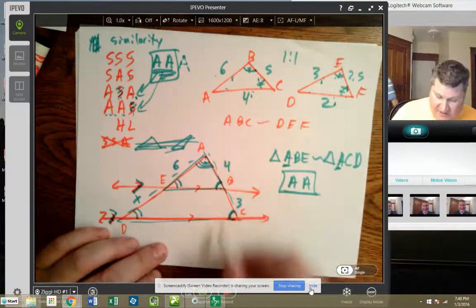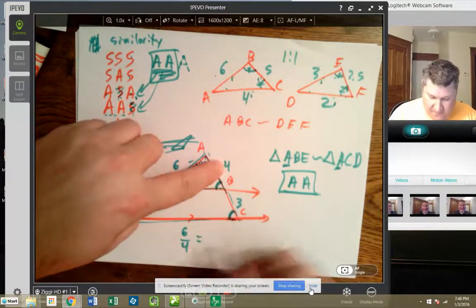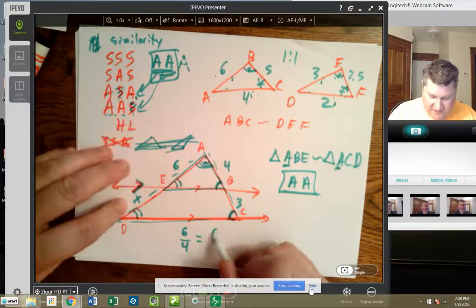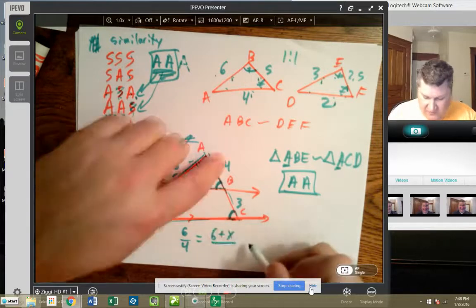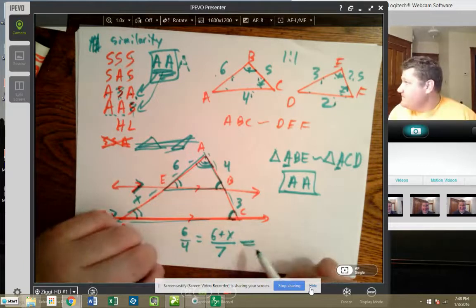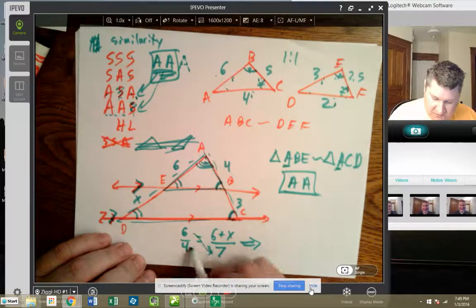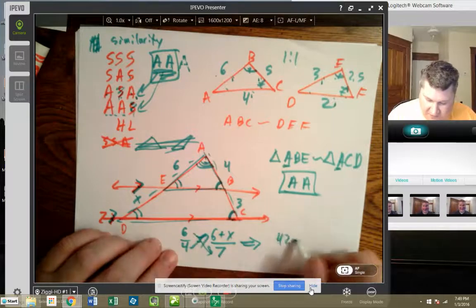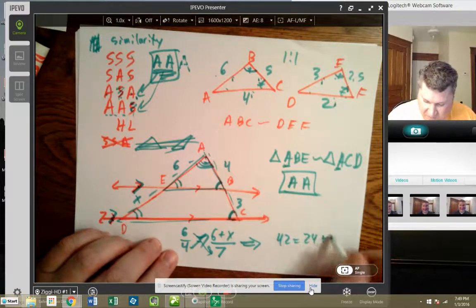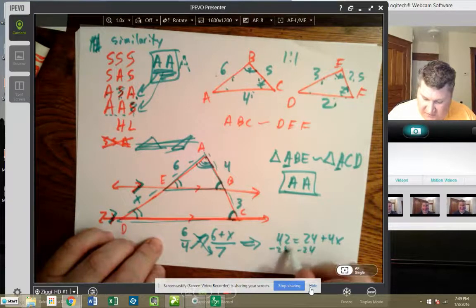So if I have 6 goes with 4, then I have 6 plus x goes with 4 plus 3, which is 7. So all I have to do now is cross multiply, and I get 42 equals 24 plus 4x, and subtract 24 from both sides.